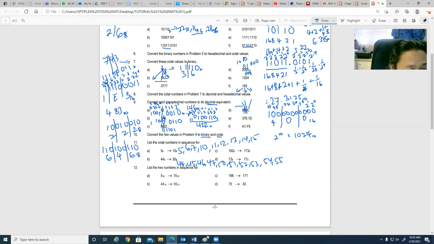Okay, so next is a list of the hexa numbers in sequence. Hexa numbers in sequence. So some example here.